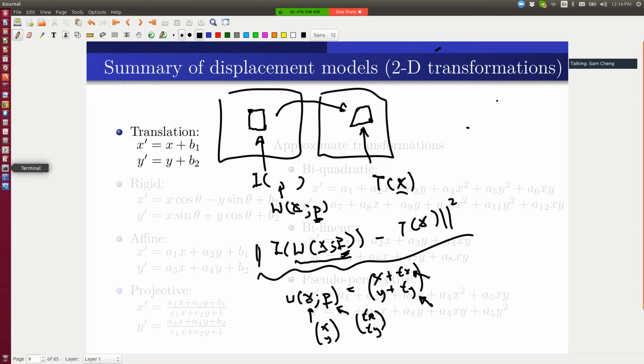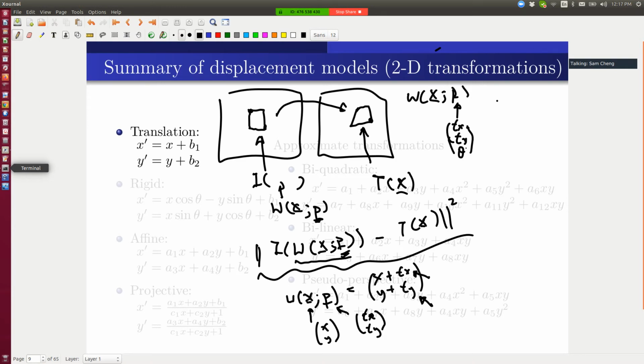Let me give you another example. Maybe I can have not just translation, but also rotation. Then my P can have translation tx and ty, and also a rotation parameter theta.